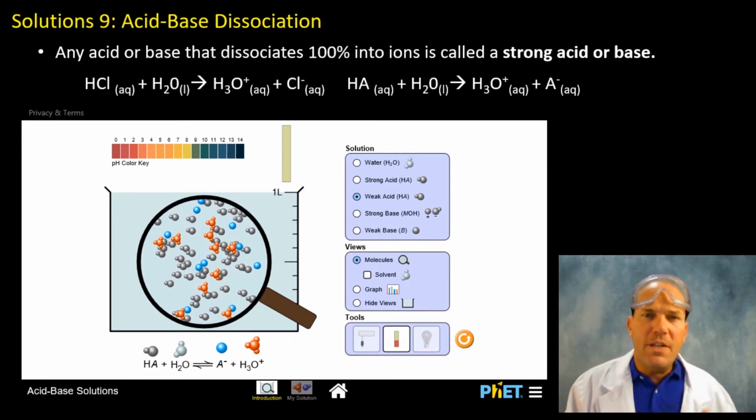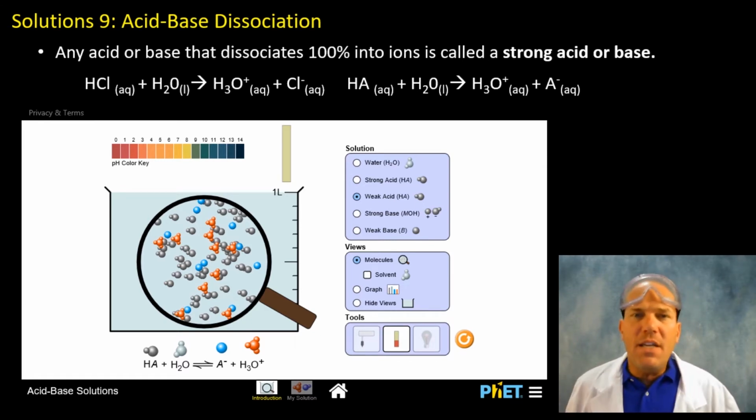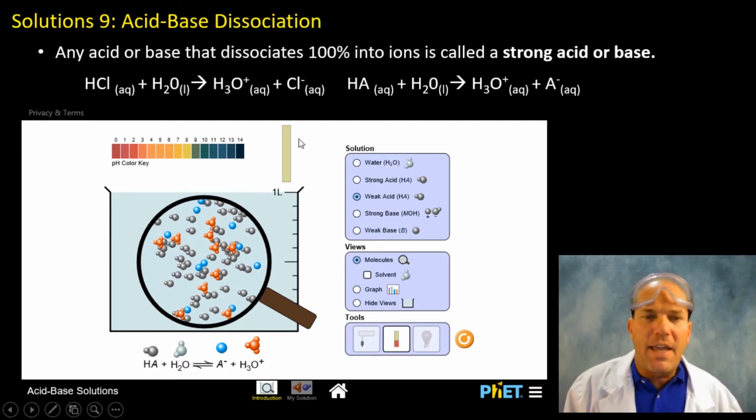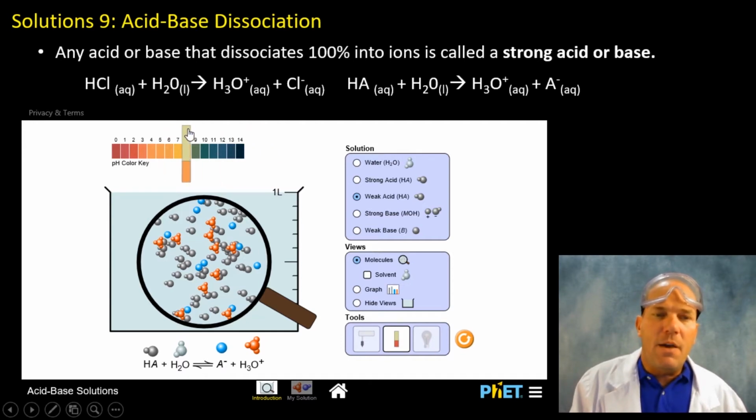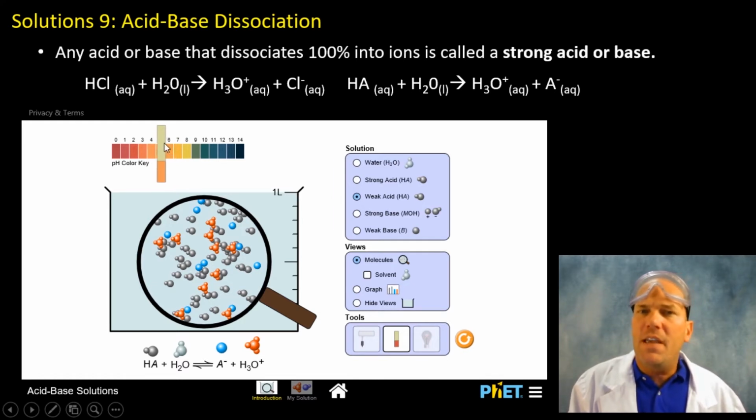In other words, we don't see as many of the hydronium cations. So if I take my pH paper and dip it in, we can see that we still have an acid. We have a pH less than 7, but this is a relatively weak acid.